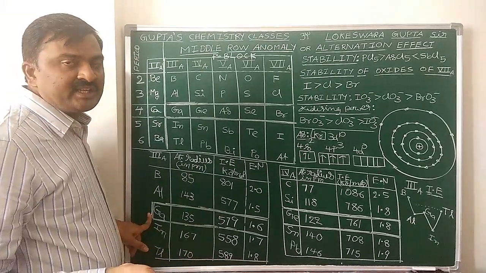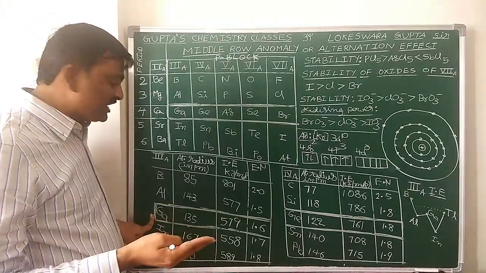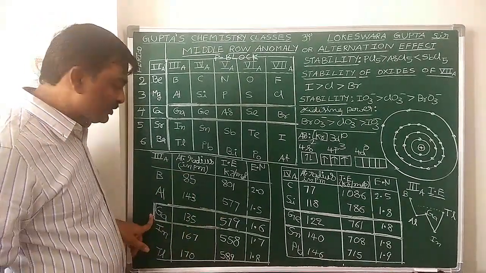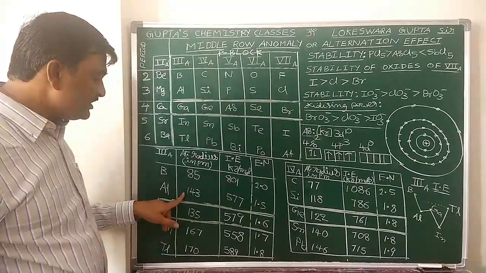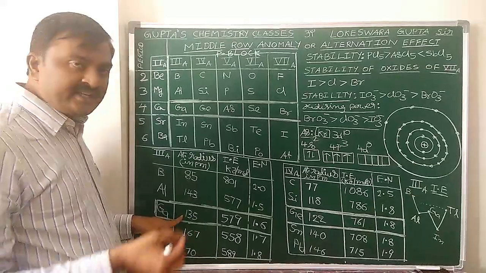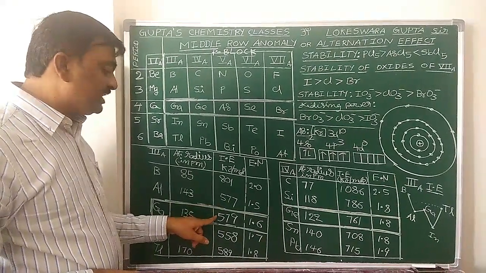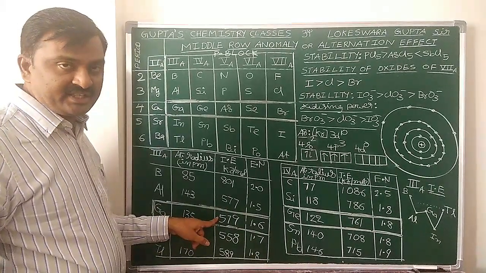For those 3d10 electrons, poor shielding effect. As a result, nucleus attraction over the outermost electrons is more. That's why from aluminum to gallium, atomic radius decreased slightly. From aluminum to gallium, ionization energy increased.